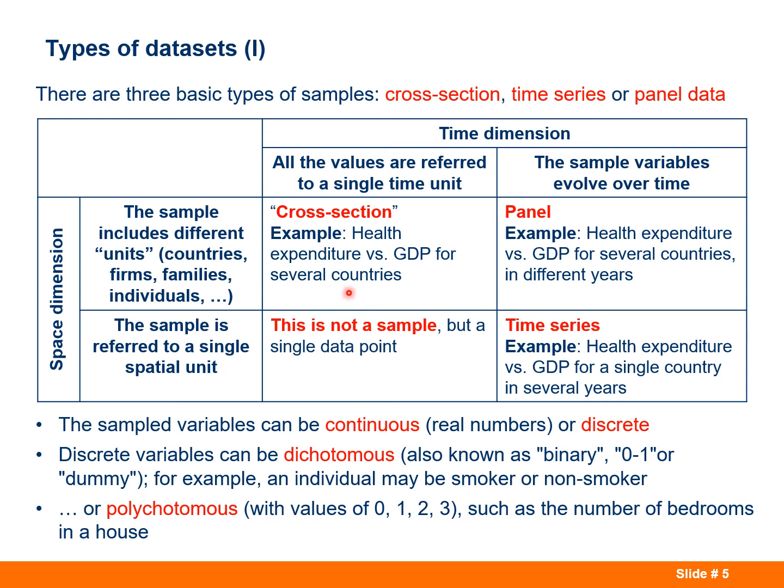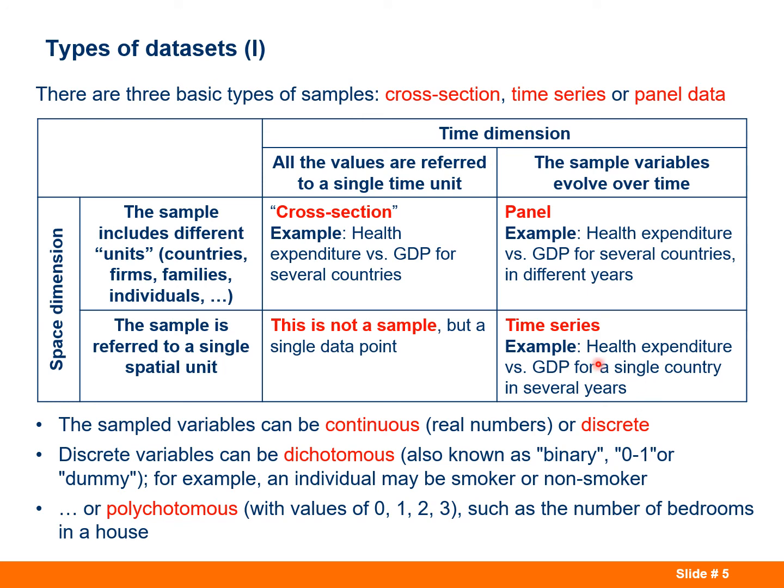Another alternative is that of time series. In time series, the sample is referred to a single spatial unit, but the sample evolves over time. For example, we could consider health expenditure again versus GDP for a single country, that is a unique spatial unit, in several years. This will be a time series.